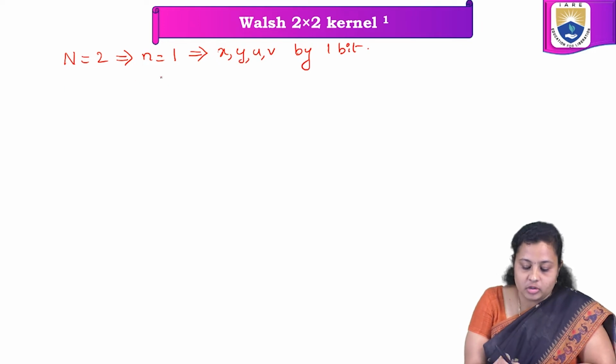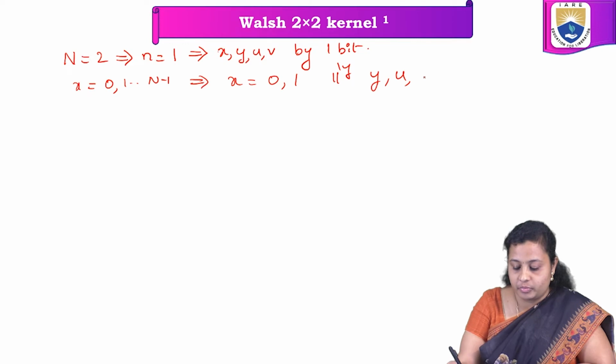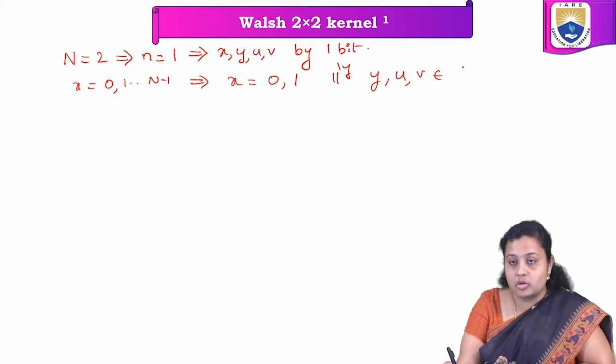Now what are the ranges of x? x is equal to 0, 1, and so on up to N minus 1, so x will have the values 0 and 1. Similarly, y, u and v values also belong to the range 0, 1.